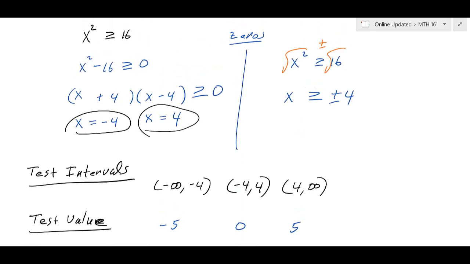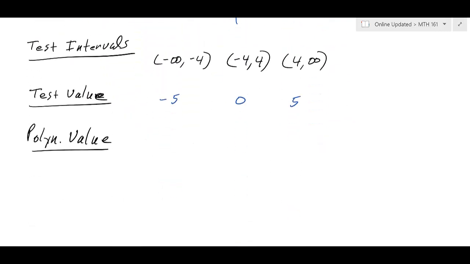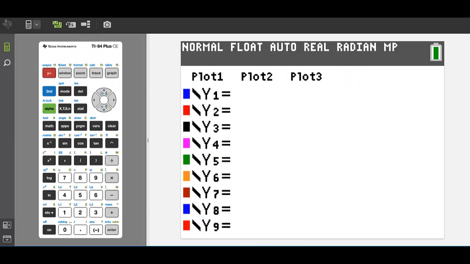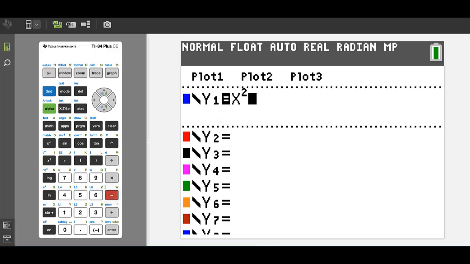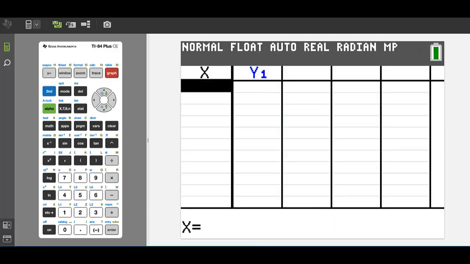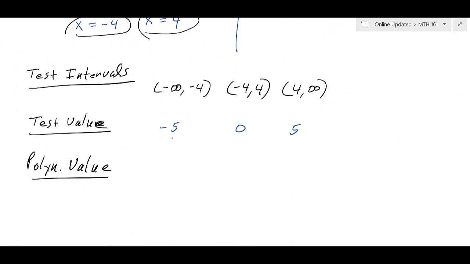So we want to plug that into here, where we have x squared minus 16, and what is that going to equal? Well, once again, if we want to, we can go to the calculator, type in the polynomial, and I'm going to do that as x squared minus 16, zoom 6. So we see the graph, but I want to go into the table, and we're looking for negative 5, 0, and positive 5.